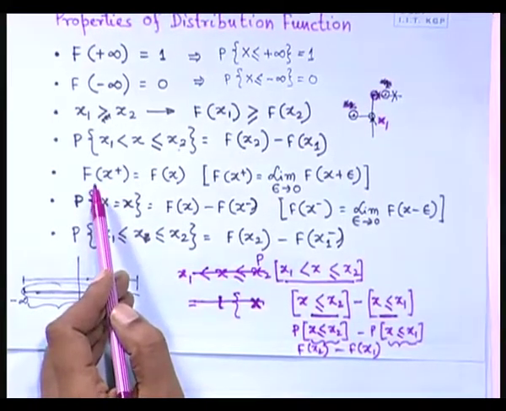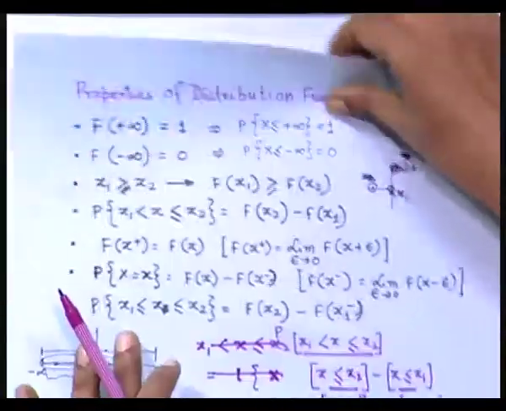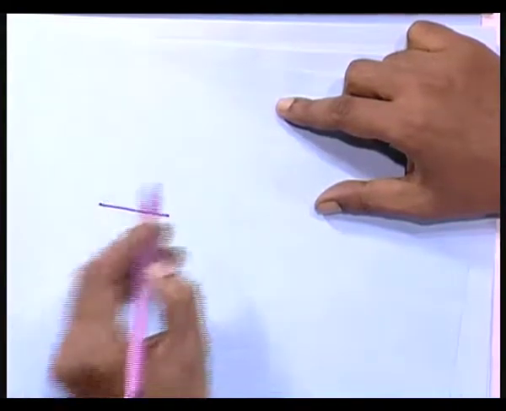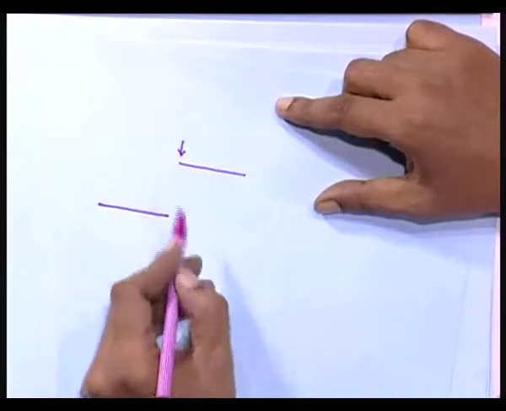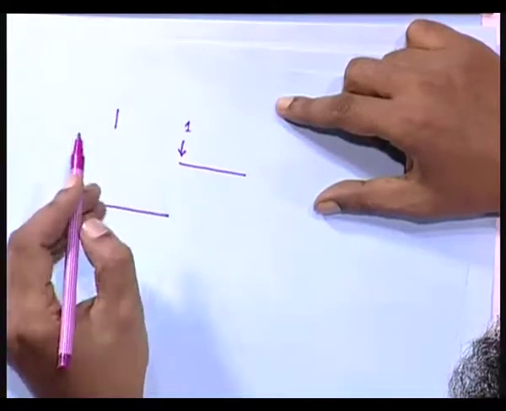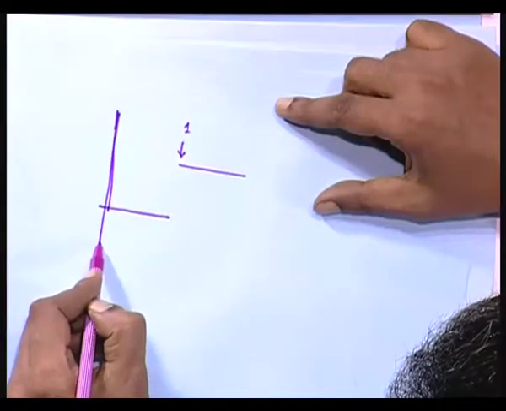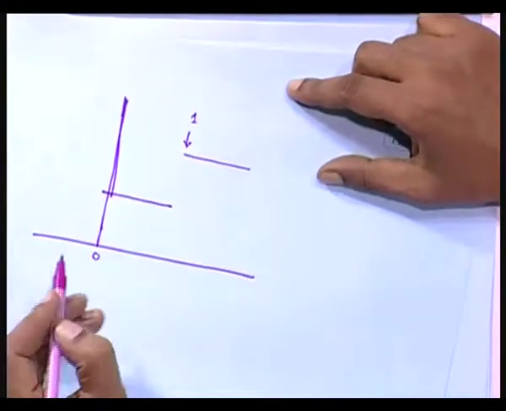That means that the right hand limit will tend to the function. Suppose for example for the coin tossing experiment, this is the exact point, let us say 1. Say this is the coin tossing experiment, this is 0.